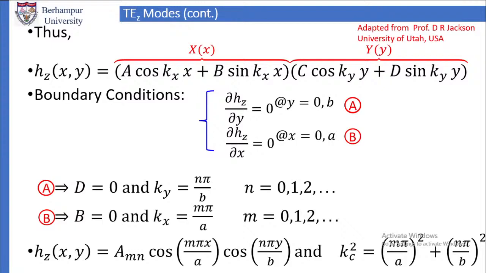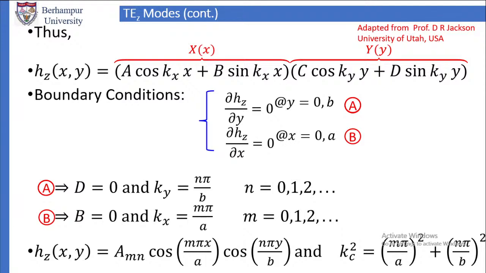Now, what is Hz? Since we already have seen D is equal to 0 and B is equal to 0, Hz is equal to A into C into cos kx x into cos ky y. Now kx is equal to m pi by a, so put that: cos m pi x by a into cos n pi y by b.